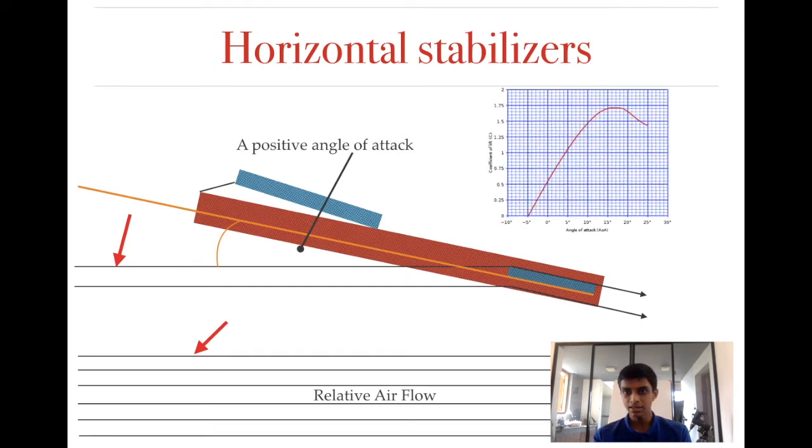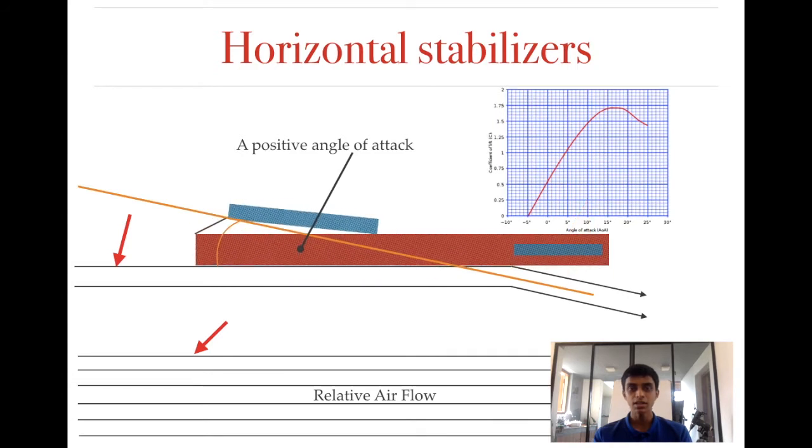Now take a look at this graph which we talked about earlier. I told you when the angle of attack increases, the coefficient of lift increases, okay? Basically the lift increases. So this means that because there's a positive angle of attack on the horizontal stabilizer, there will be a lift acting on it. This will cause it to stabilize.